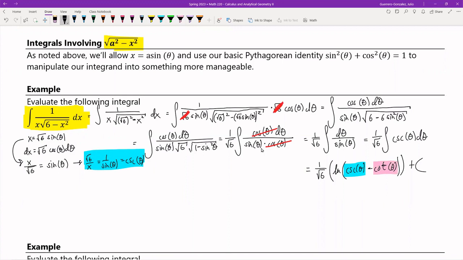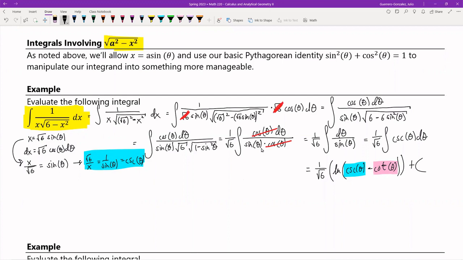Again, we have sine theta is x over √6. In order for us to get cotangent, we need cosine over sine. We have sine already, so we need cosine. That's what we're looking for.